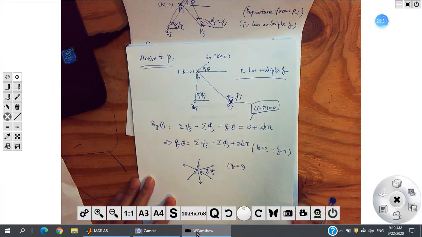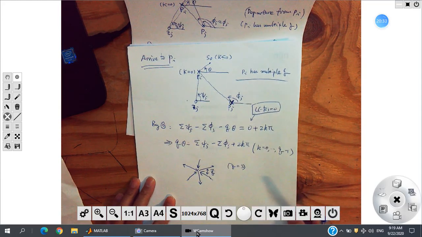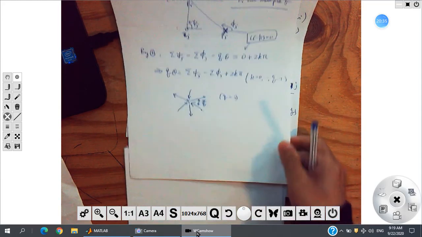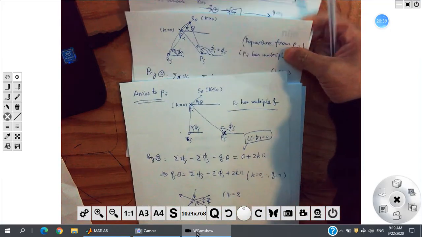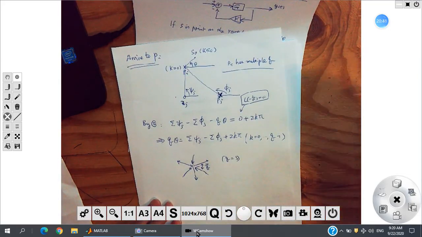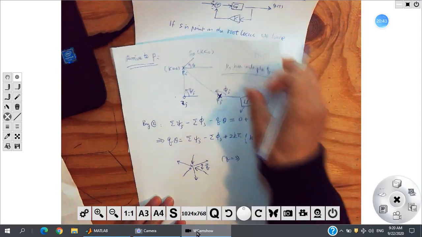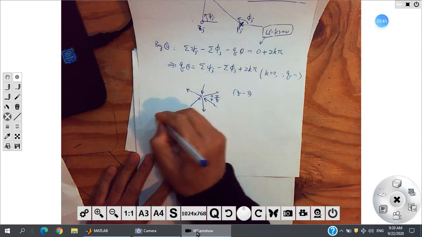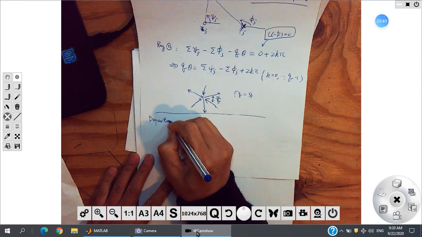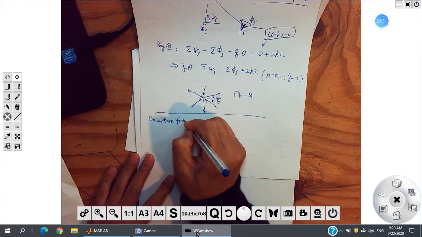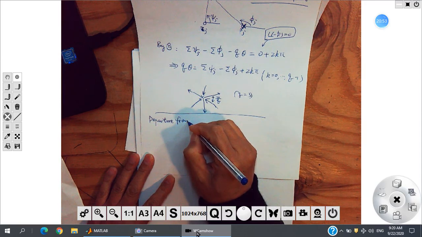zeros, departure and arrival zeros. This is arrival to P and departure from 0.